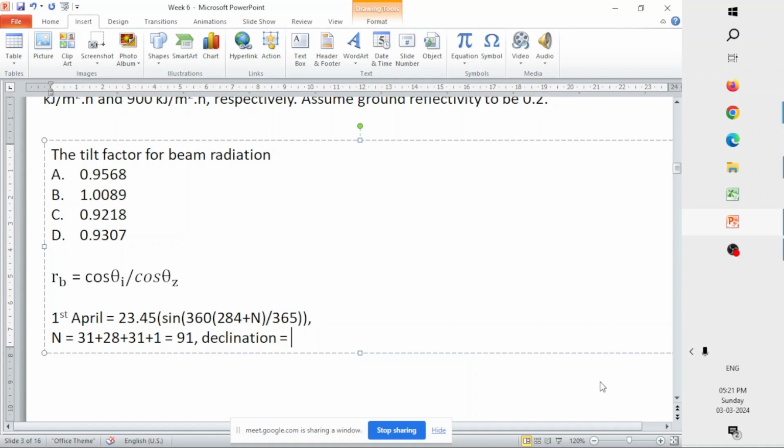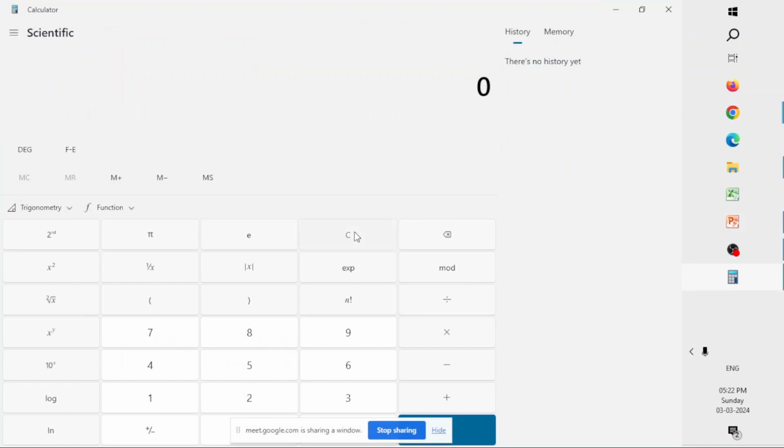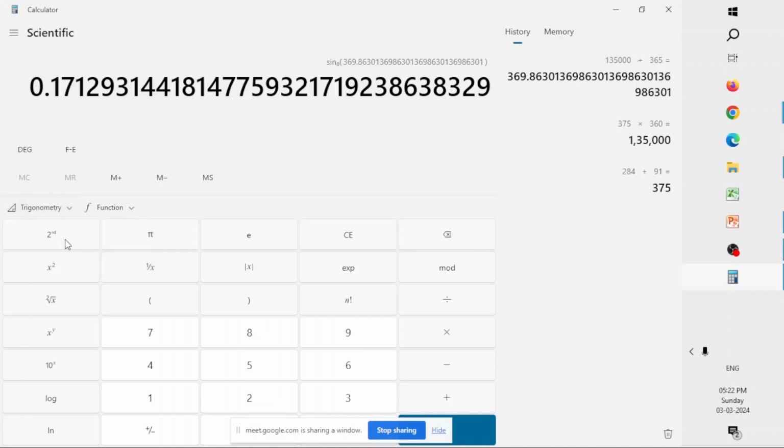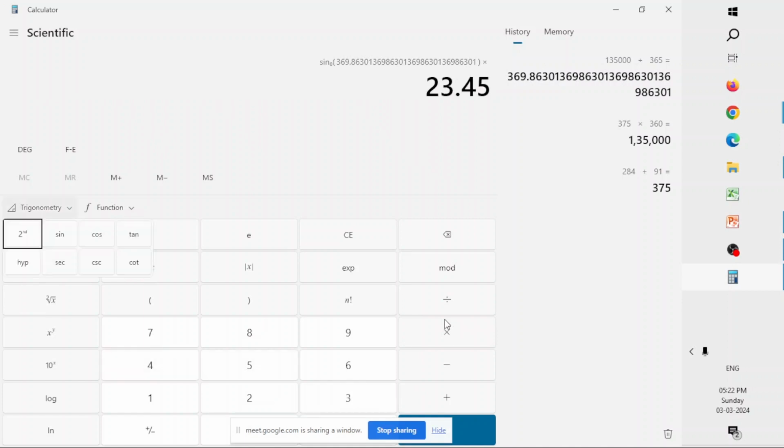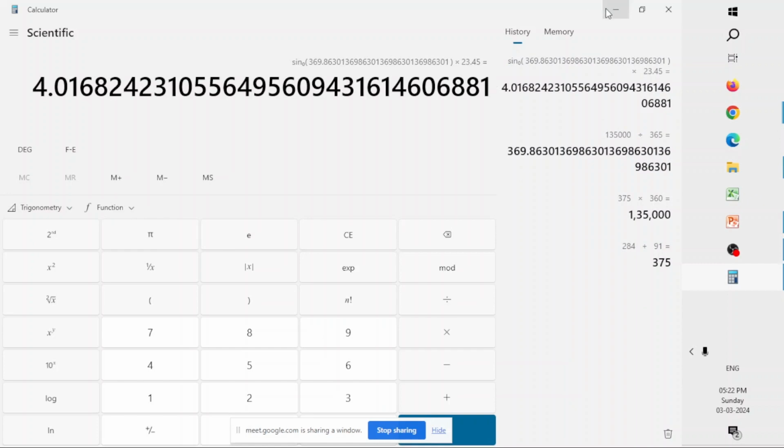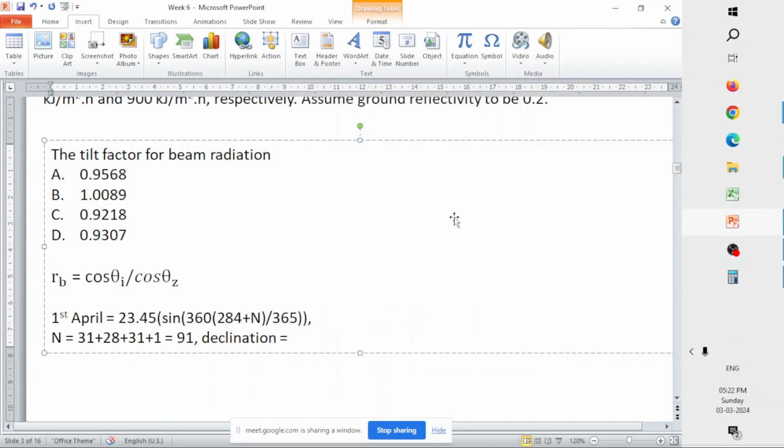The sine of this angle will be this much, and this times 23.45 is 4.016 in degrees. Now you have the declination angle.